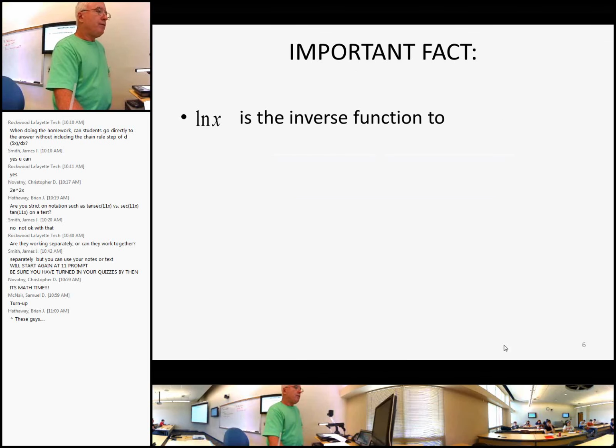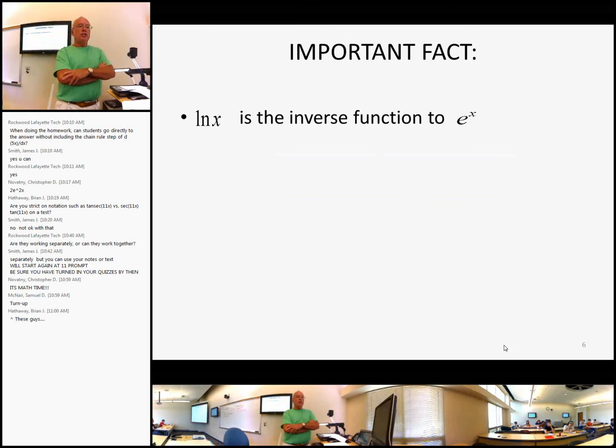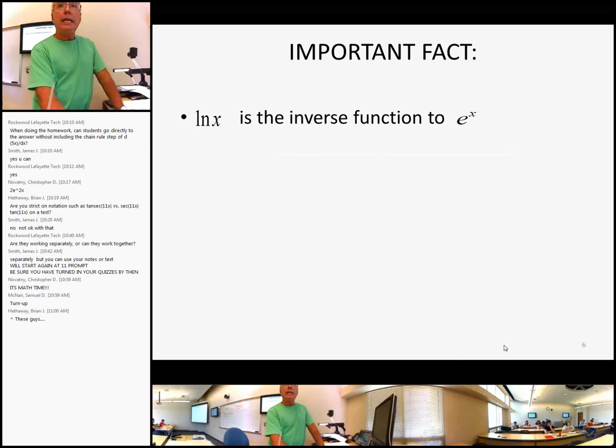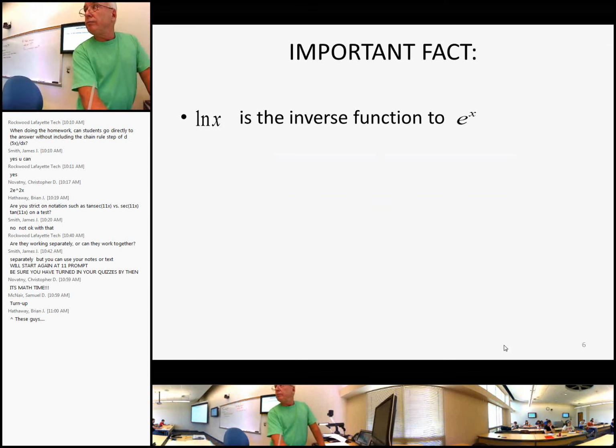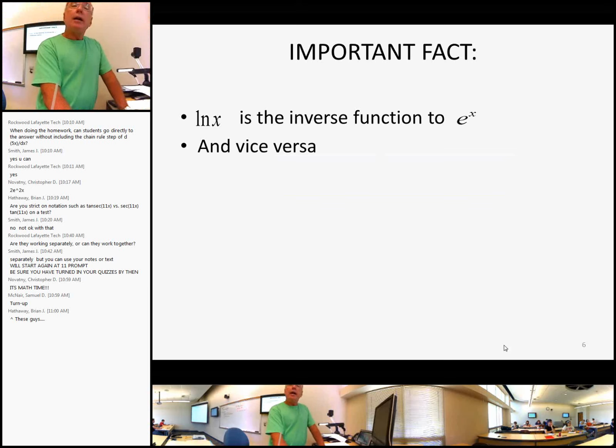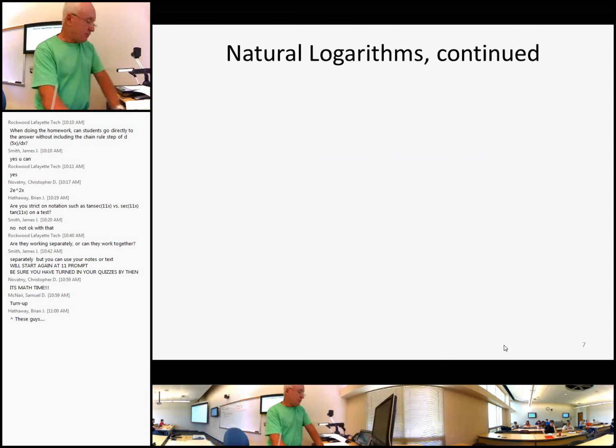So those are two equivalent equations. Okay, important fact. The ln of x is the inverse function to e to the x power. They're inverses of each other. That's when we have the base e. And vice versa, e to the x is the inverse of the ln of x.